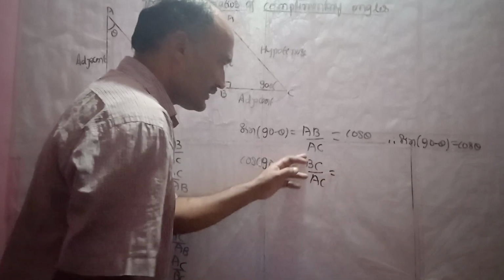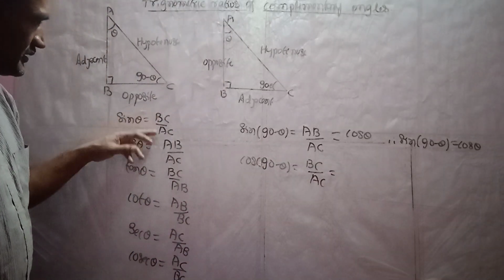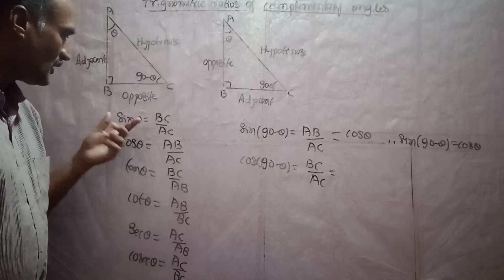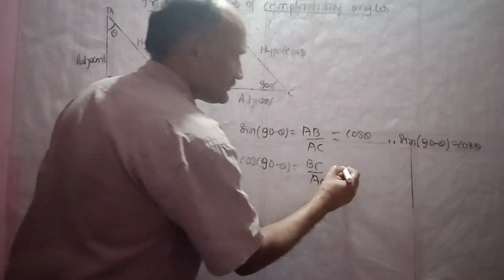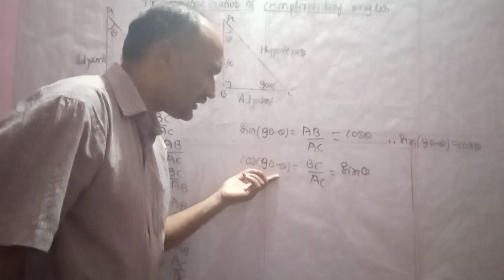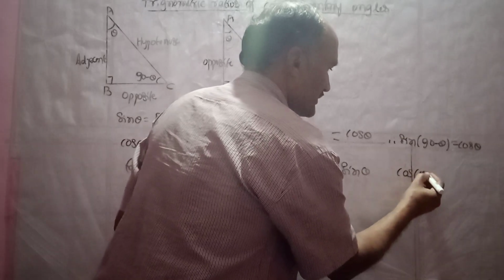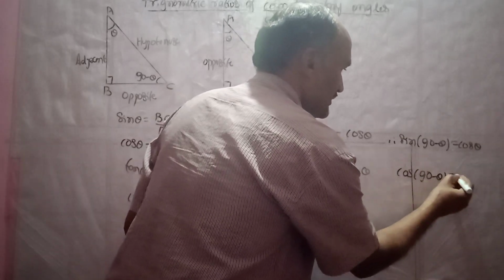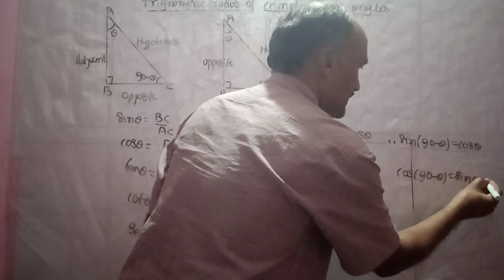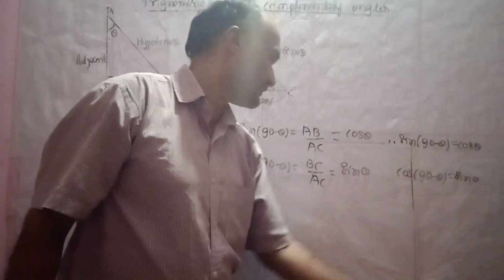So here BC divided by AC ratio is nothing but sin theta. Means cos 90 minus theta is equal to sin theta. So sin 90 minus theta is equal to cos theta, and cos 90 minus theta is equal to sin theta.